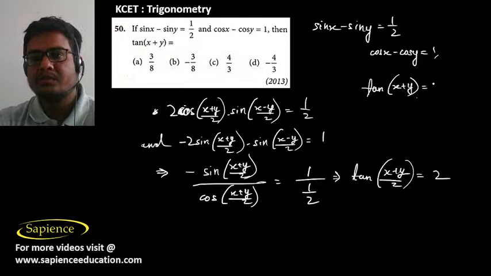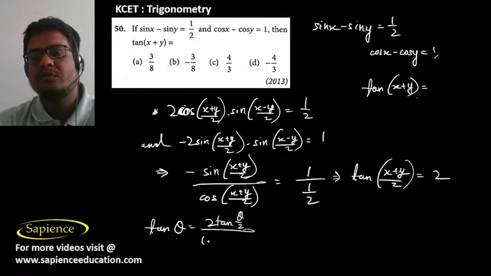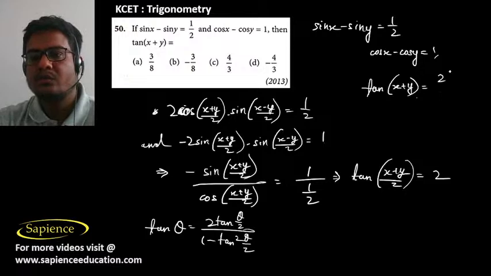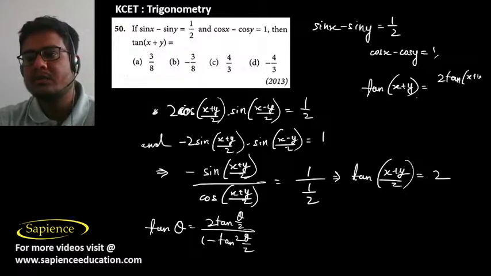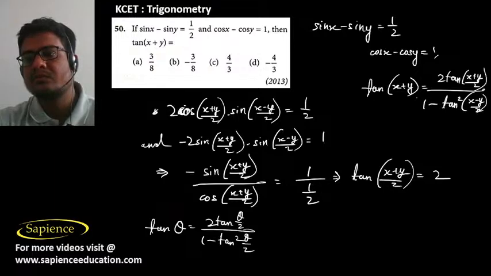Now for tan of x plus y, we know that tan theta is equal to 2 tan theta by 2 by 1 minus tan square theta by 2. So this formula we can apply. So this will be 2 tan of x plus y by 2 by 1 minus tan square of x plus y by 2.